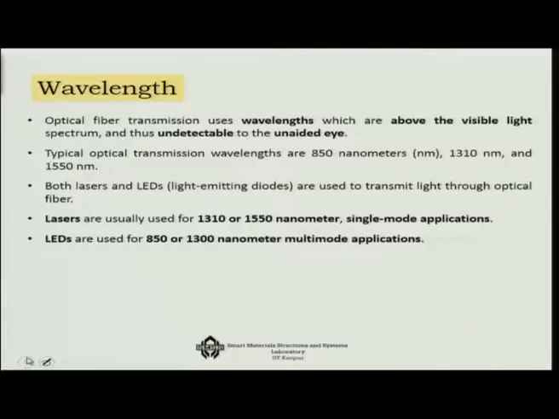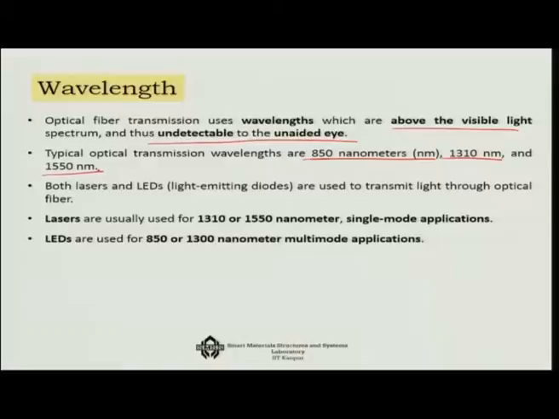Next is the wavelength. Optical fiber transmission uses wavelengths which are above the visible light spectrum and thus undetectable to the unaided eye. And I told you that typical optical transmission wavelengths are 850 nanometer, 1310 nanometer and 1550 nanometer.